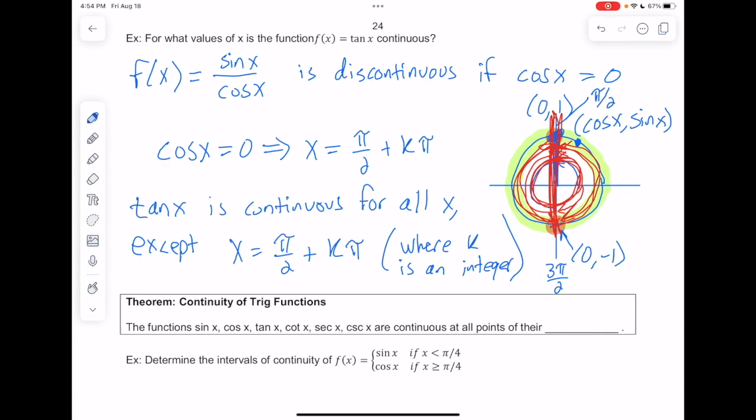So what do we end up seeing there? Tangent was continuous basically everywhere it was defined, everywhere that it didn't have a 0 denominator. And it turns out all the trig functions are like that, and that's what this next theorem states for us.